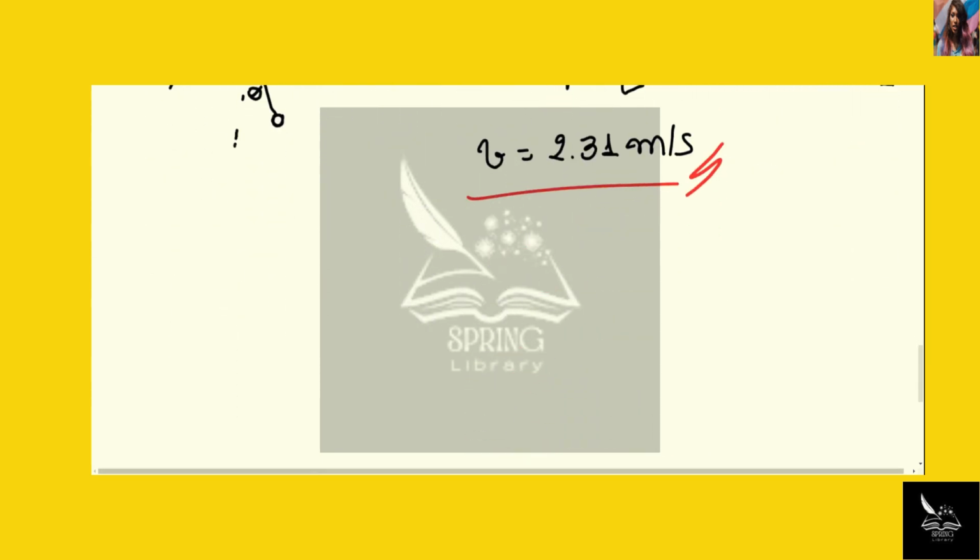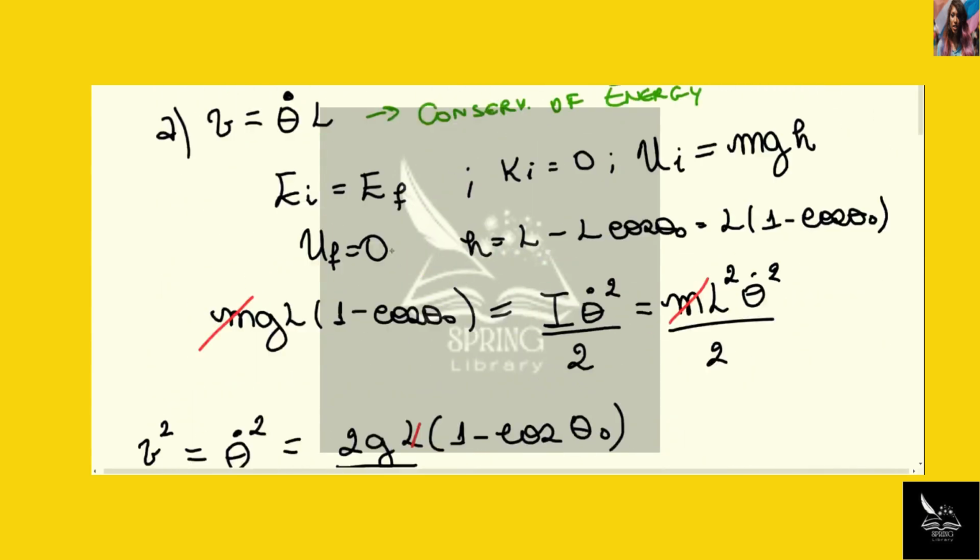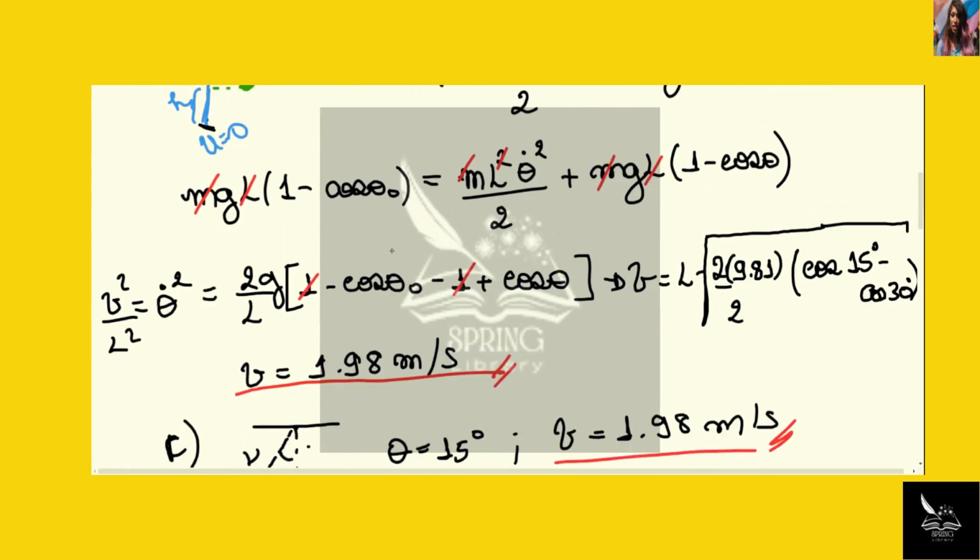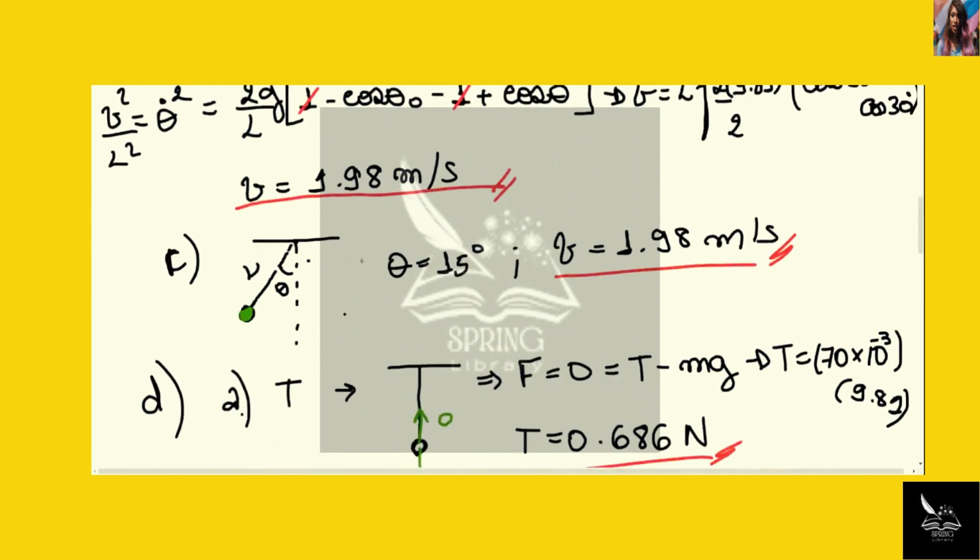Lastly, we're going to calculate our velocity when the ball is making a 15-degree angle to the left. Now, as I told you in the beginning in question C, no matter if the ball is to the left or to the right of the vertical axis, what matters is that the angle it makes with the vertical axis is the same.